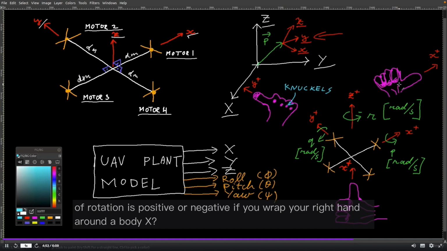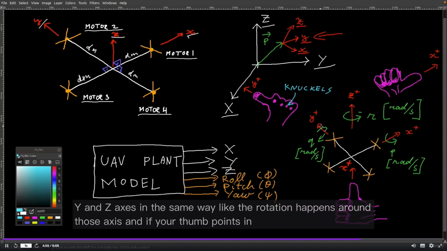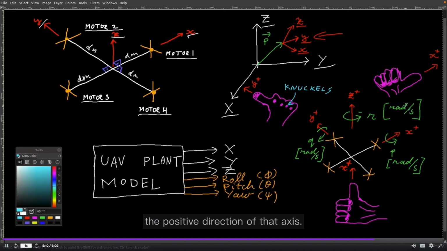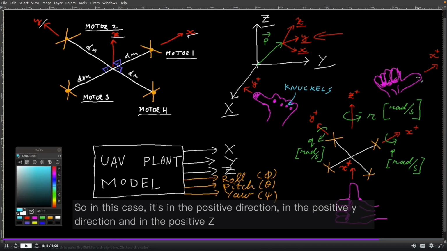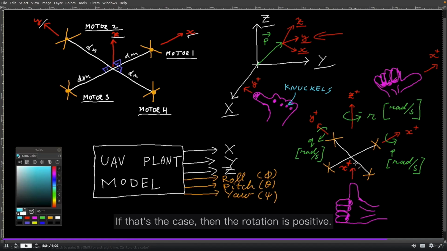If you wrap your right hand around the body x, y, and z axis in the same way the rotation happens around those axes, and if your thumb points in the positive direction of that axis, in the positive x direction, the positive y direction, and the positive z direction, then the rotation is positive.